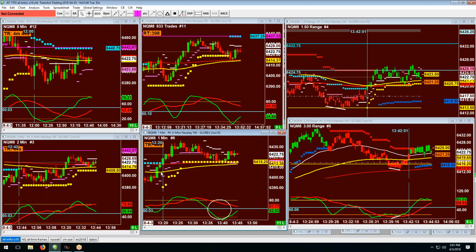I would definitely use something a little bit tighter once price is moving in your direction, because if you're using this super trend here to trail your stop, this is worse than your entry. I would never go worse than my entry, because this moved quite a bit, so it could have been a nice profitable trade. But to start out, you may just need to use the super trend on whatever chart you're looking at that's larger. So I hope that helps.